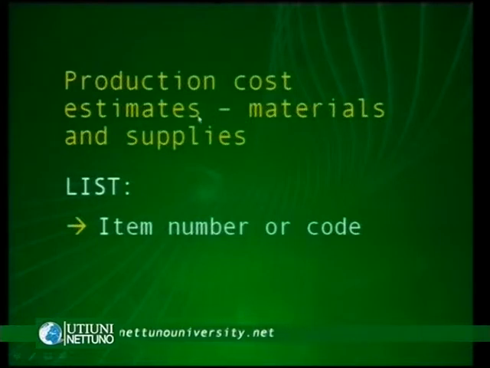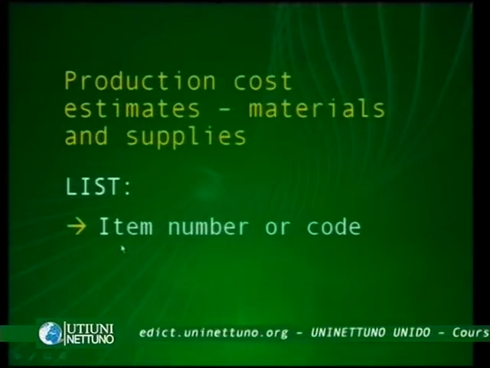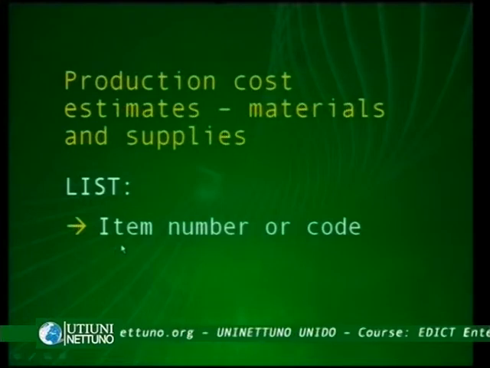production cost estimates, when it comes to materials and supplies, include a list of several items. Specifically, item number or code. So for each material and supplies, we should use a specific code.